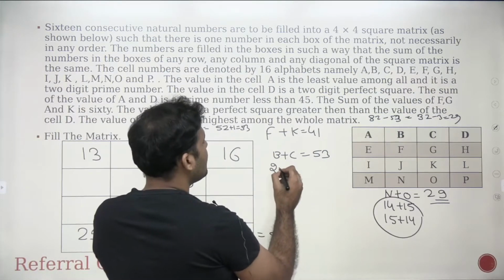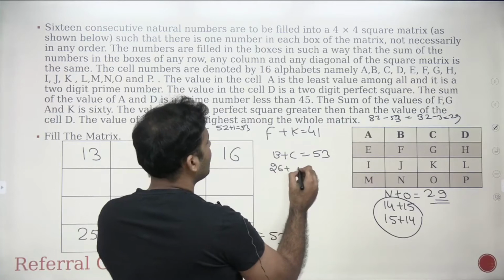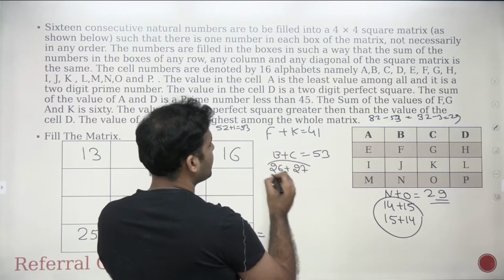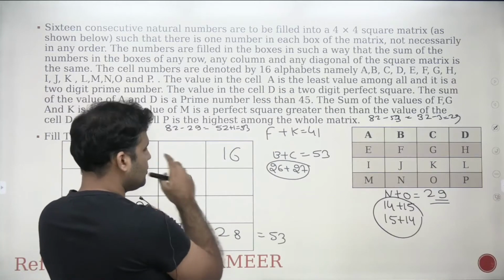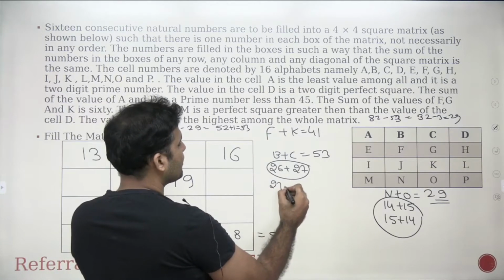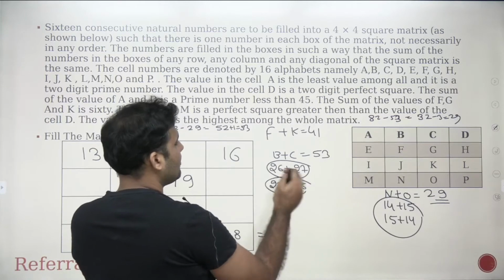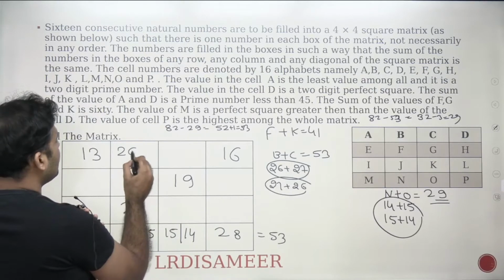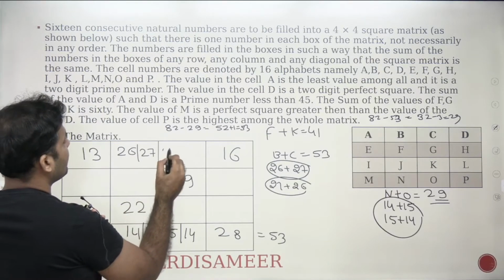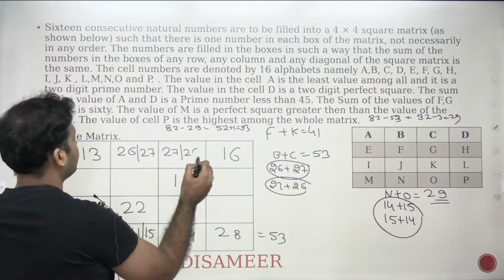You see that 26 and 27 is the only possible combination. So for these two cells, I have only two possible cases. Either it will be 26 plus 27 or 27 plus 26. So the numbers will be 26, 27 here or 27, 26 here. Okay.